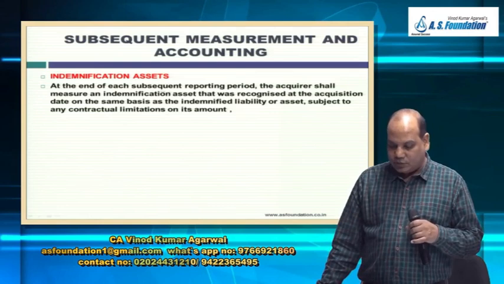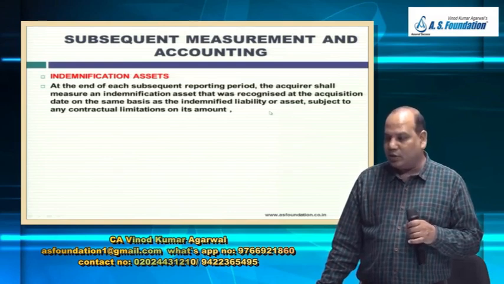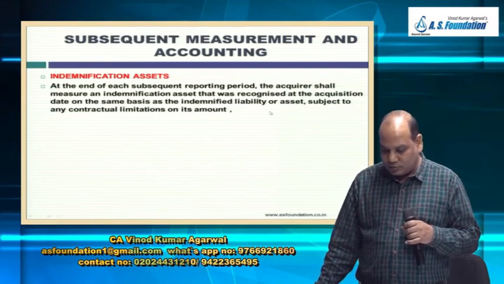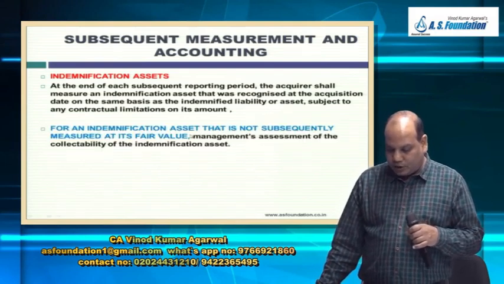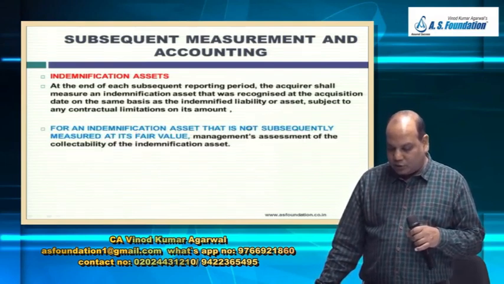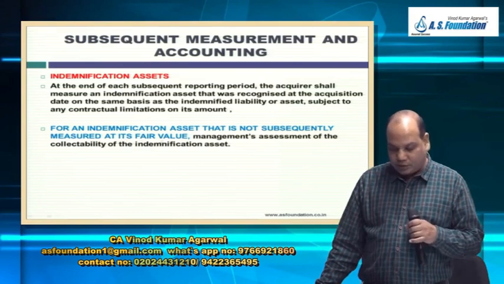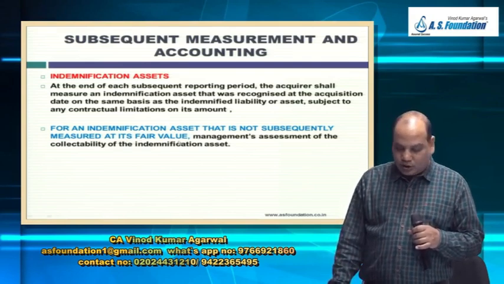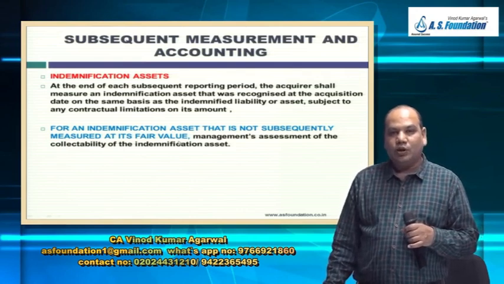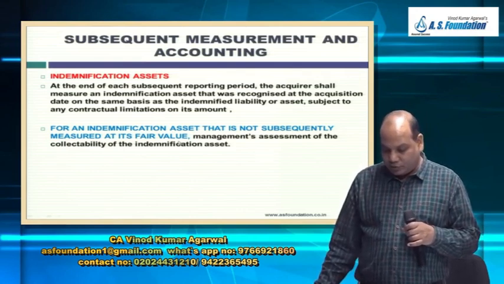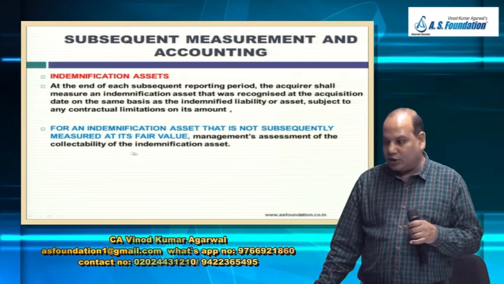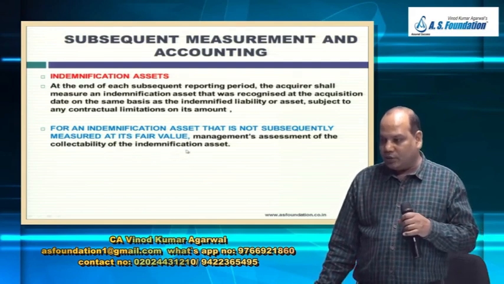Again, they are saying the same thing. This will be remeasured using the same basis as you have recognized the indemnified liability or asset. For an indemnification asset that is not subsequently measured at its fair value, those indemnification assets which are not required to be measured at fair value, management's assessment of the collectibility of the indemnification asset.